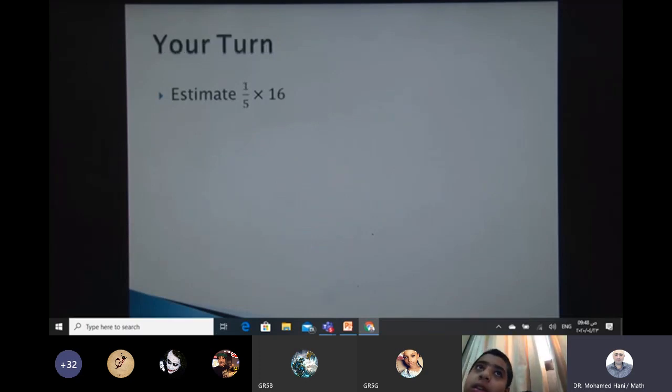All right, you try this one. 1/5 times 16. Pause the video and then come back and we'll check your work. Okay, so the closest multiple of 5 to 16 is 15. So the whole bar represents 15.